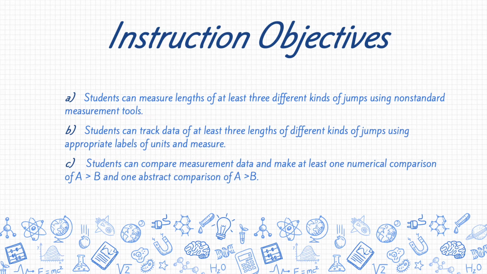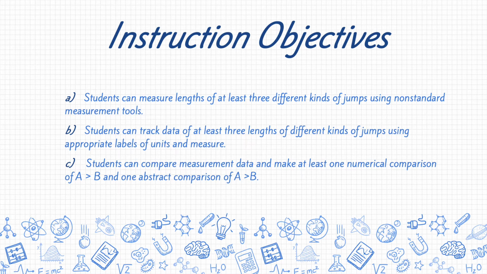So there are 3 objectives for the lesson. The first one is that students can measure lengths of at least 3 different kinds of jumps using non-standard measurement tools. The second objective is that students can track data of at least 3 lengths of different kinds of jumps using appropriate labels and units of measure.